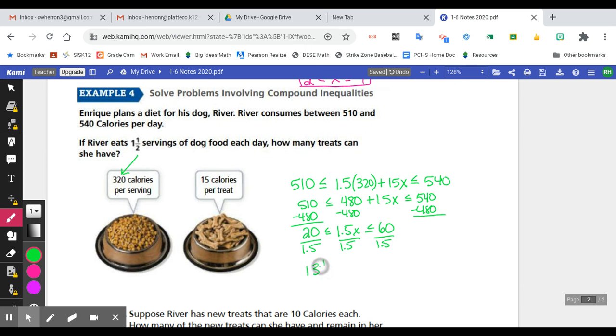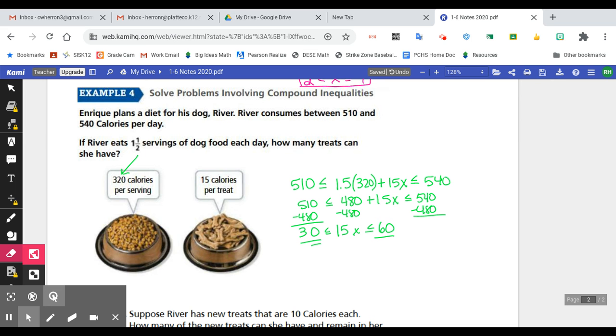This would be 13 1/3. And this would be 40. Oh, I did it again. Okay, so divide by 15.